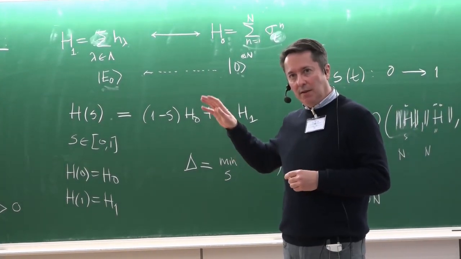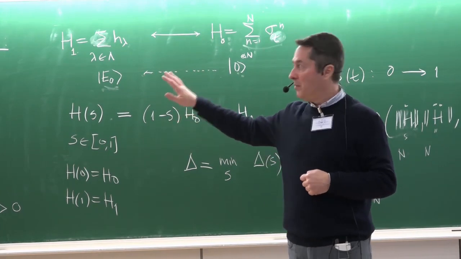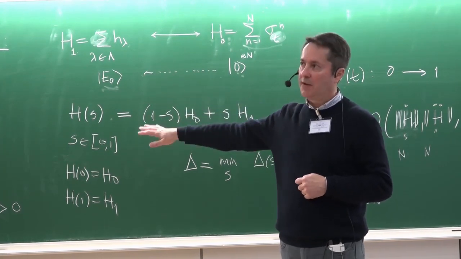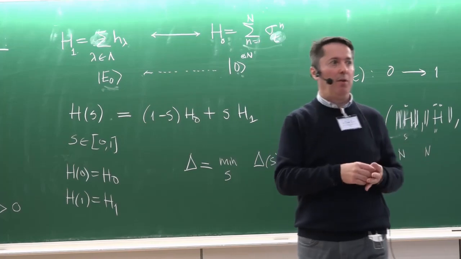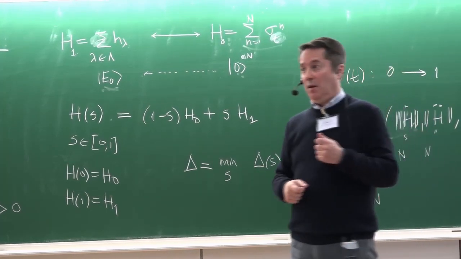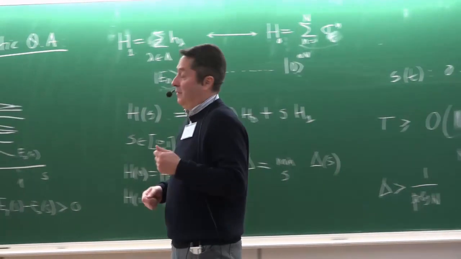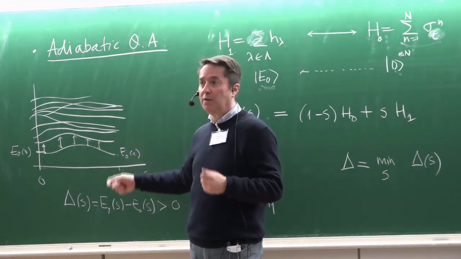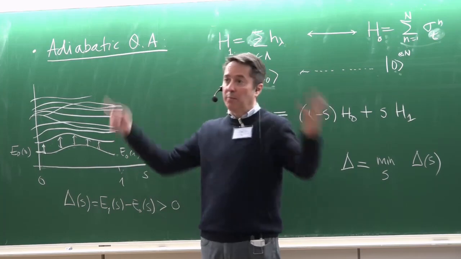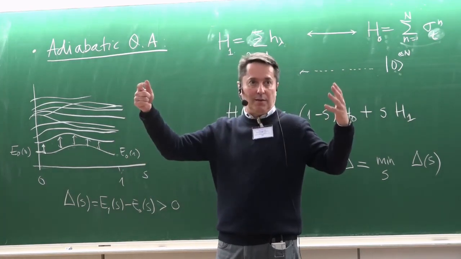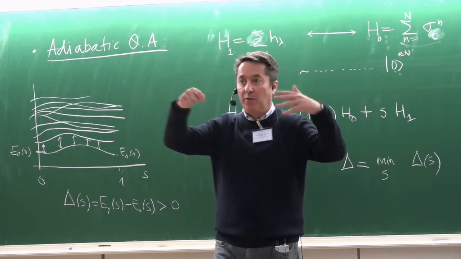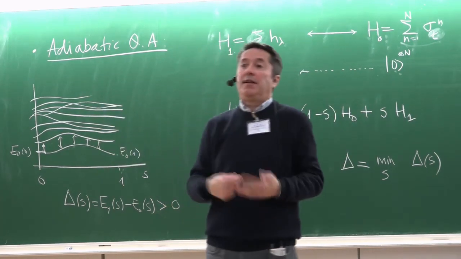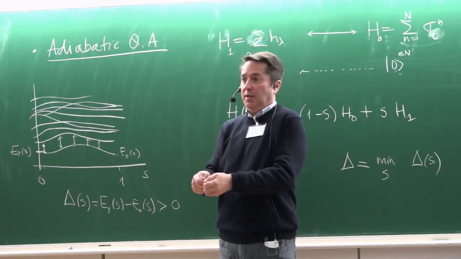So what makes this problem of quantum simulation of the ground state different with respect to optimization problems is twofold. First of all, there is a quantum problem that we want to solve. So at the end, the ground state will be a superposition of an exponential number of coefficients, whereas in classical optimization problems, at the end, the solution is classical.